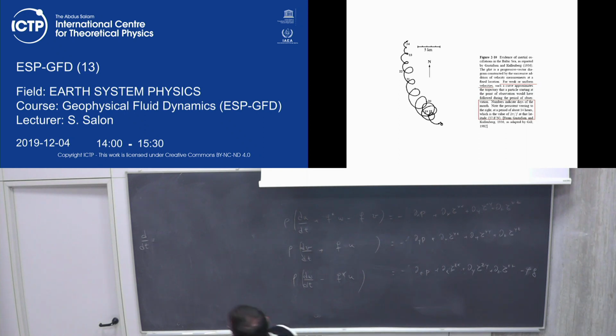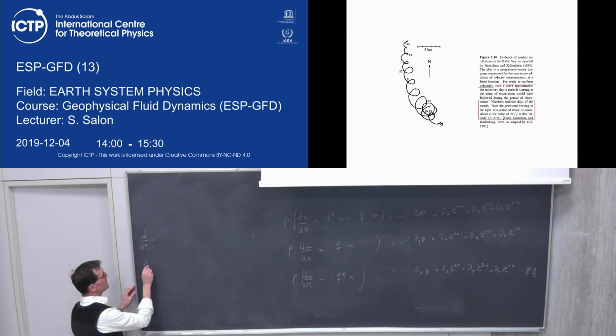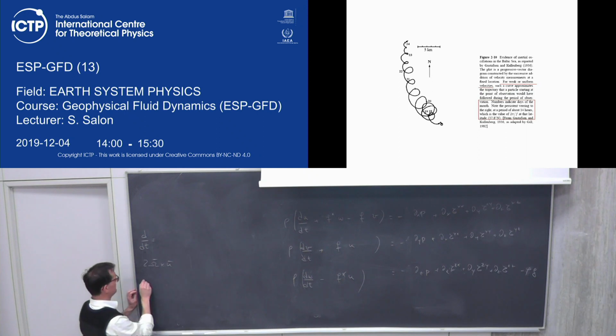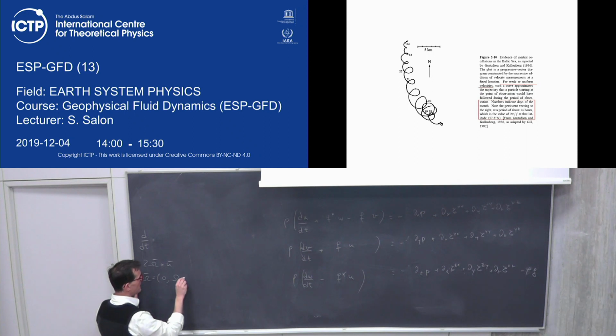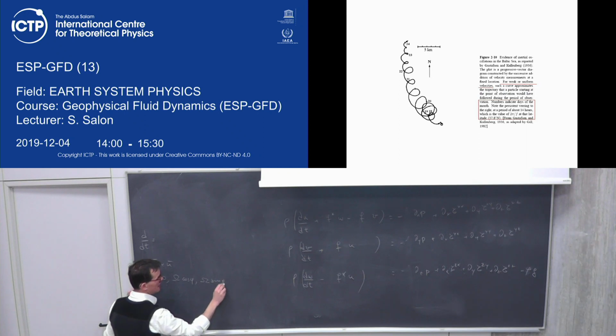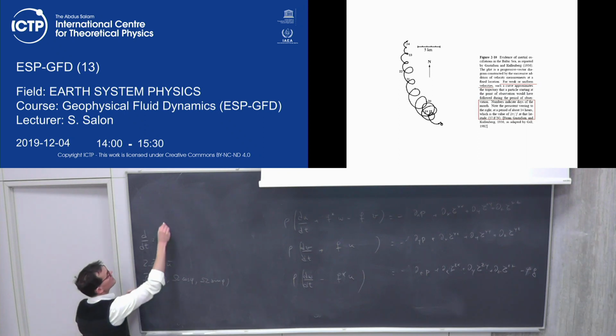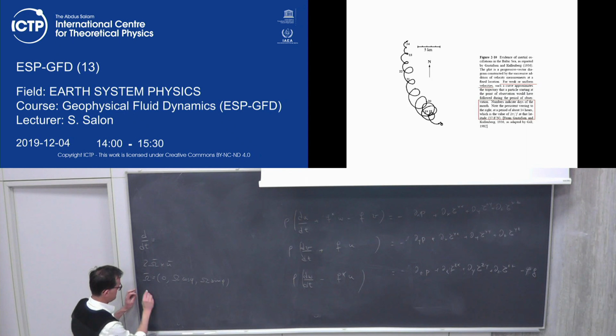Okay. So we have this term here. I know that omega is 0, omega cosine phi, omega sine phi, since I am in a... okay, this is z and this is y.